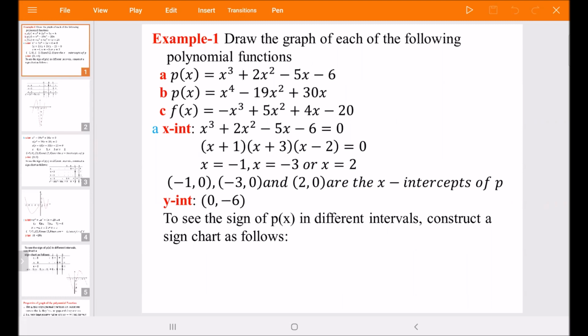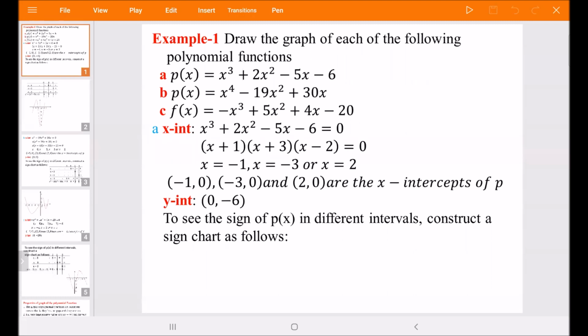From among these general properties of graphs of a polynomial, one is that the graph of every polynomial crosses the y-axis, and only once. There is no polynomial function whose graph can cross the y-axis more than once.